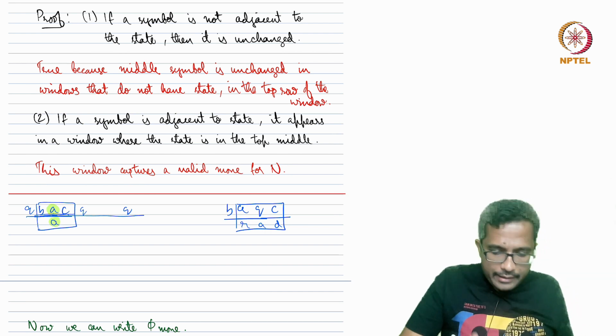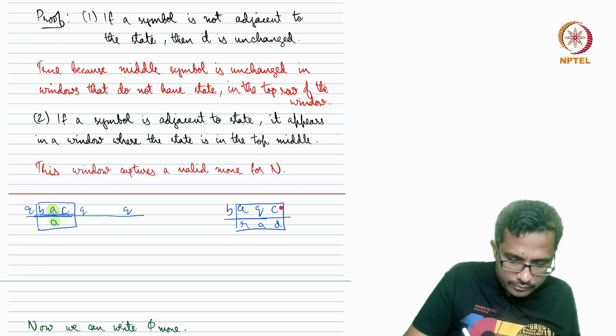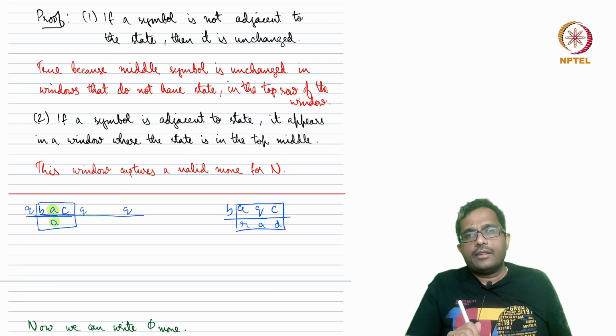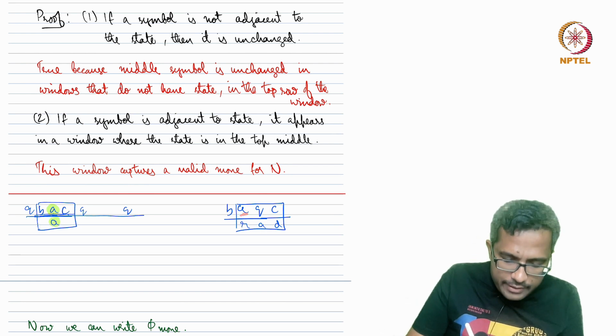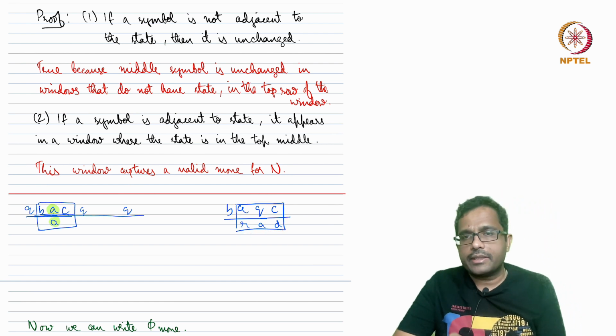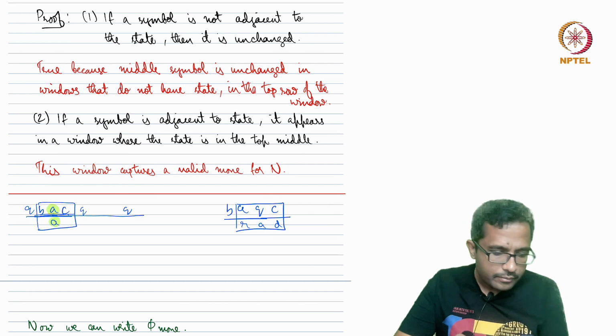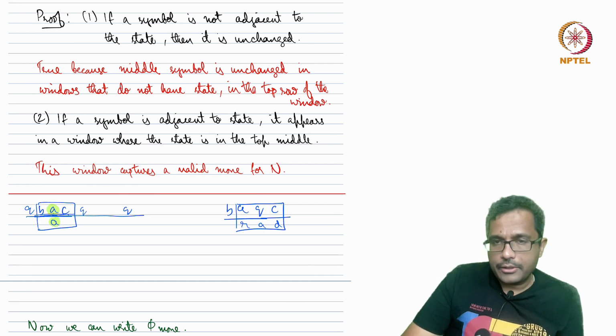The changes are entirely confined to this 2 by 3 window. So if a symbol is adjacent to the state, that symbol will feature in the window where the state is in the top middle, and that window captures completely what changes happen, right. So that window will capture everything, and so that is also fine.